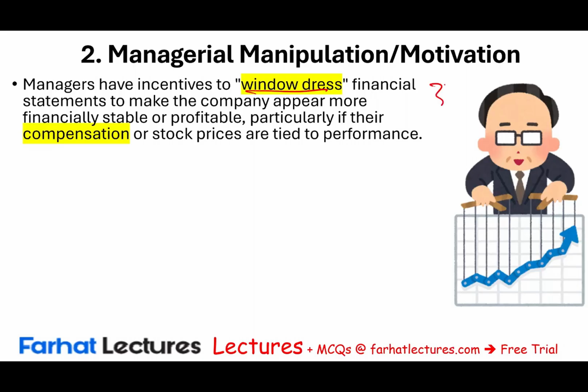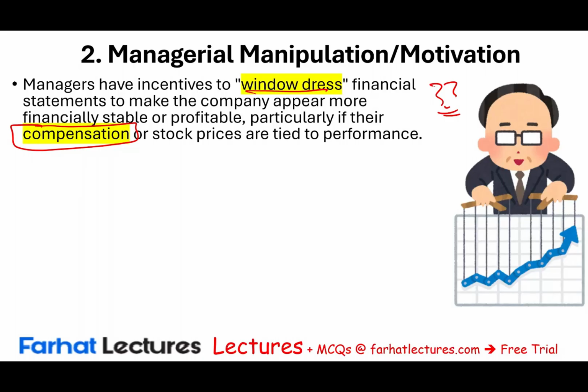Now you might be saying, why would managers want to do that? Well, one reason is compensation. Oftentimes in big companies or publicly traded companies, managers are compensated, are rewarded. Their bonus is dependent upon the company's performance. Therefore, how can you make the company look better? Reduce cost of goods sold. How can you do that?